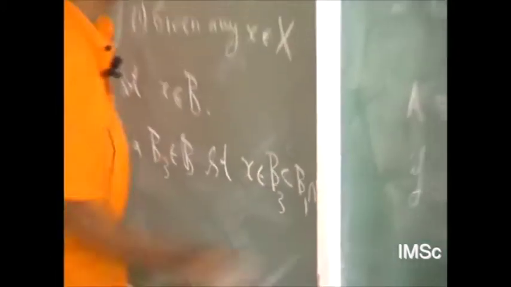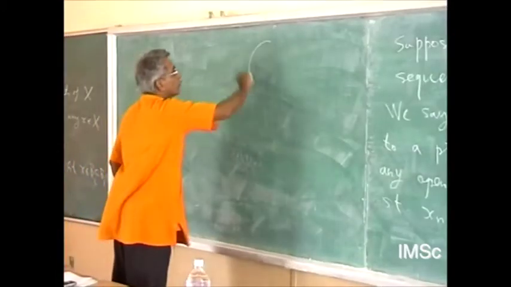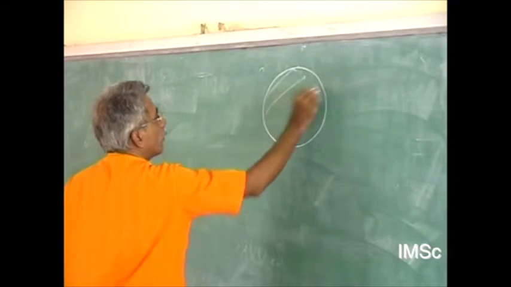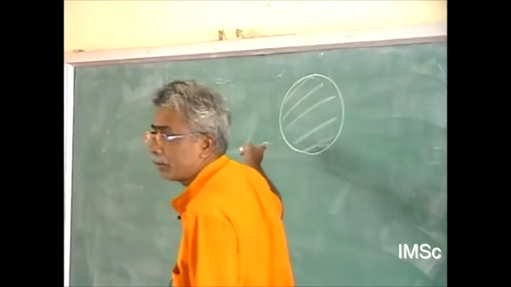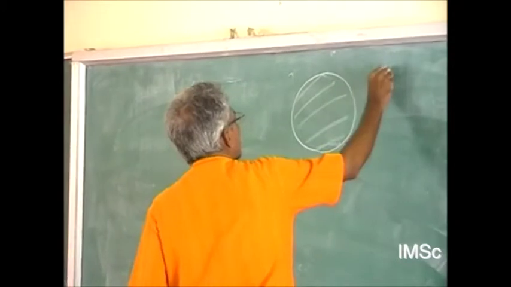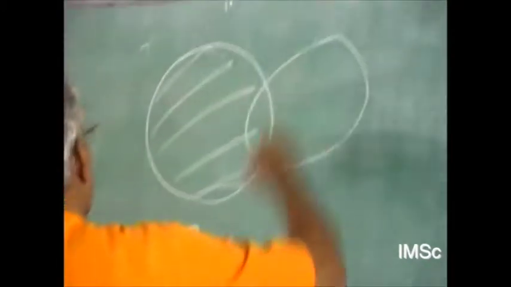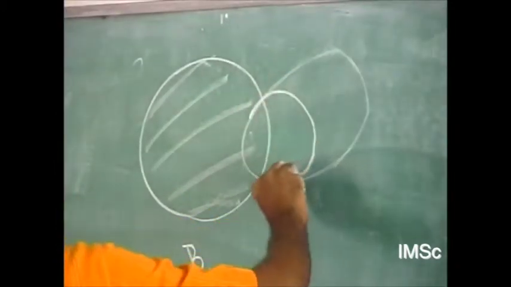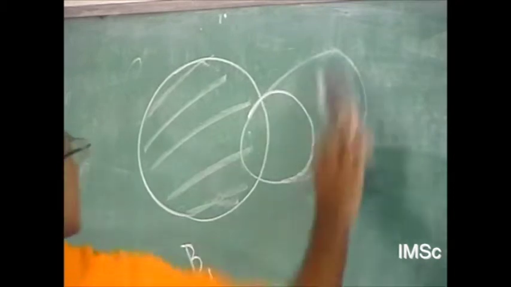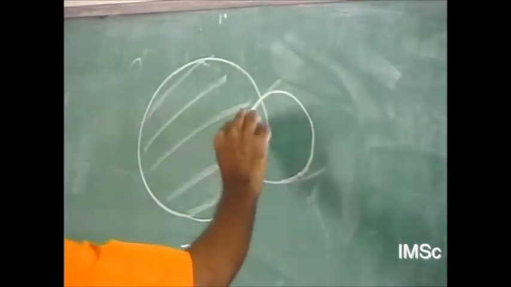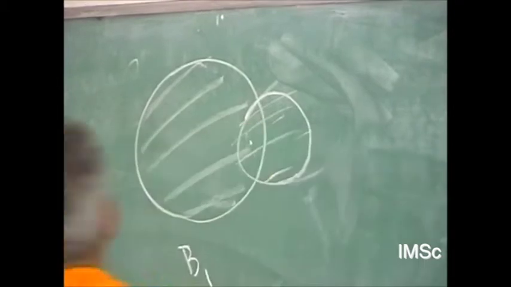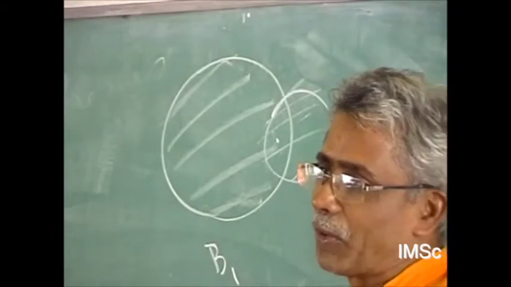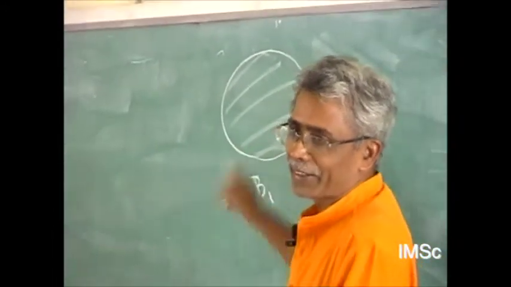Why did we need that? We have here B1, try to draw open balls. This is your B1, and well, it doesn't look like an open ball, but try to draw a picture. Open ball B2, and I take a point in here. Now you see the intersection does not look like a ball at all. If you do honest balls in R2, the intersection will not be a ball.